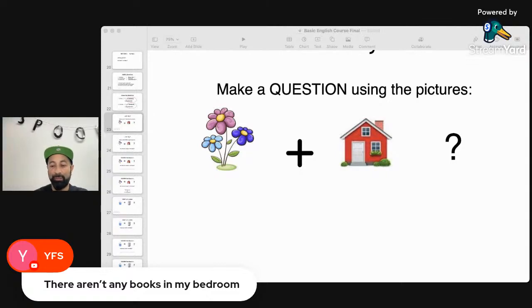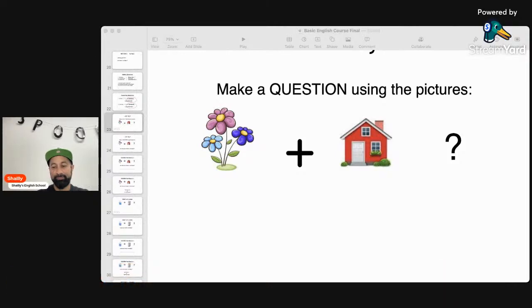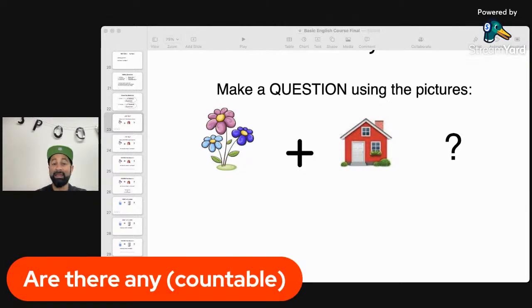And I'll put up some information on the screen here for you guys. So is there any? Don't forget the word any. We've got uncountable, or we've got a singular countable noun. And if it's countable, we're going to be using are there and then a countable noun. And again, don't forget, we can use any as well.